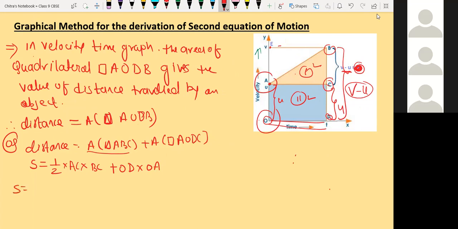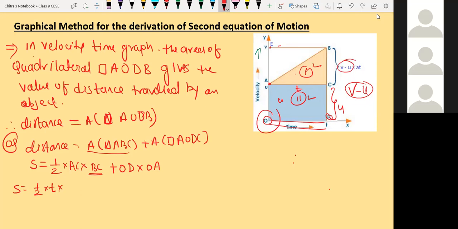So S equals half into, what is AC? The distance from A to C is the time t. So I am writing t into, what is BC? We have already written it: V minus U, which is 80.